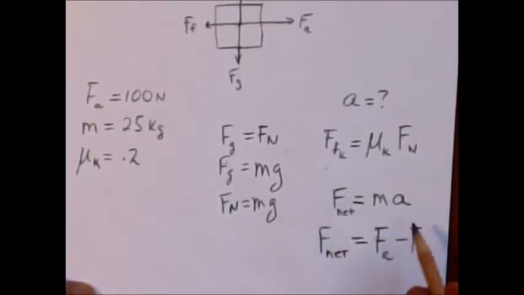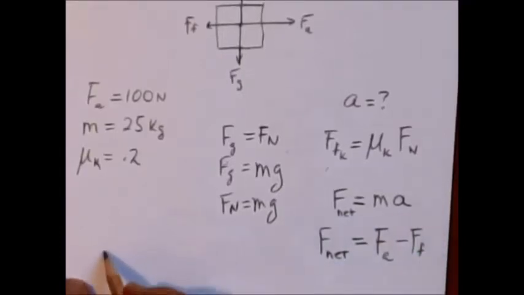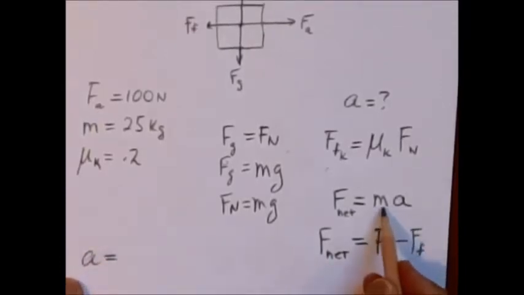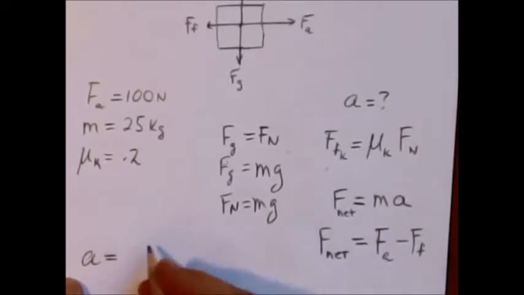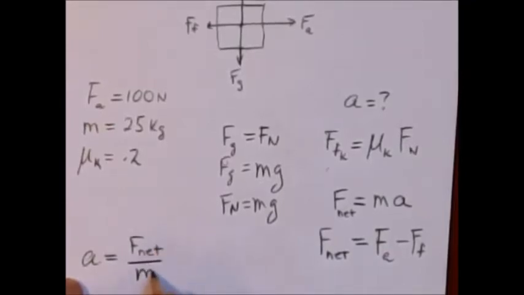If we want to solve for acceleration, let me start working over here. Acceleration, then, if we divide both sides by the mass, is equal to F net divided by the mass.